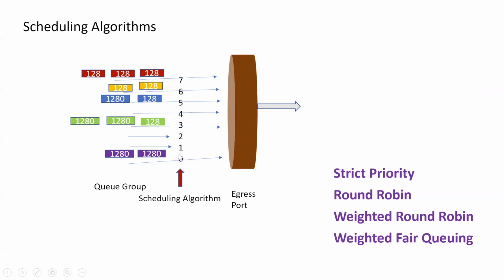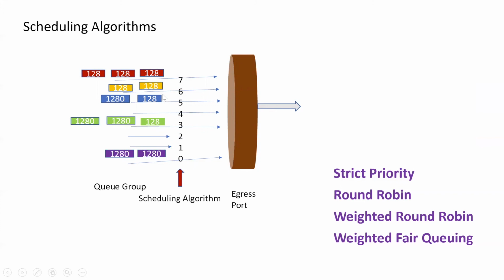So what we would do is send all the traffic from 7, all the traffic from 6, all the traffic from 5. Now this guy had a weight of 640, no, we said 1280. So he would send his first packet, and 1280 still isn't enough to send the second packet. So we'd wait for the next round. 1280 is enough to send, oh, this one was 640, so we don't have enough here either.